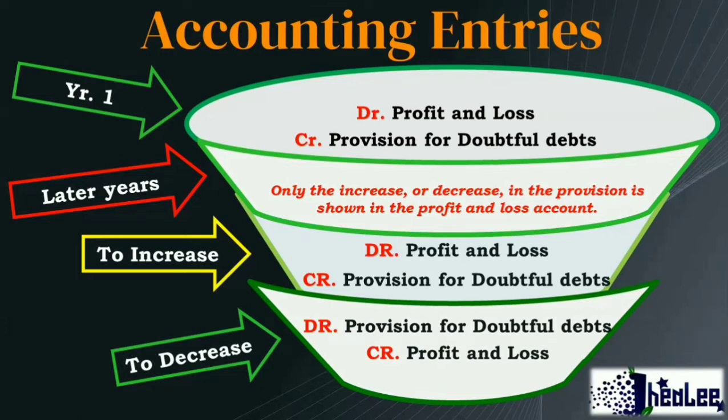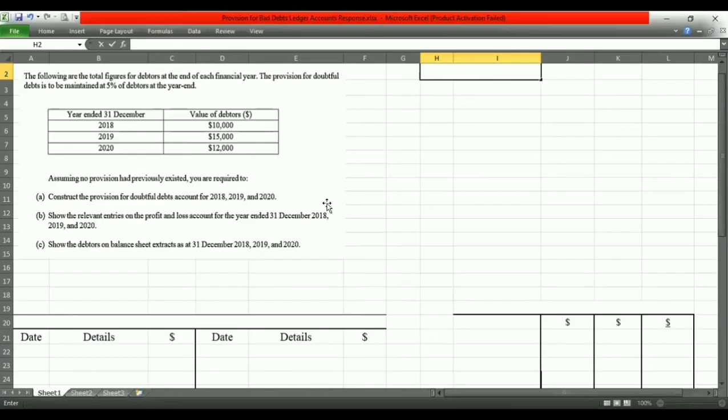Now, we're going to look at an example, how the provision for doubtful debts is recorded in the accounting book. So let's look at a practical example, a question. Here we have a question, which reads, the following are the total figures for debtors at the end of each financial year. The provision for doubtful debts is to be maintained at 5% of debtors at the end of the year.